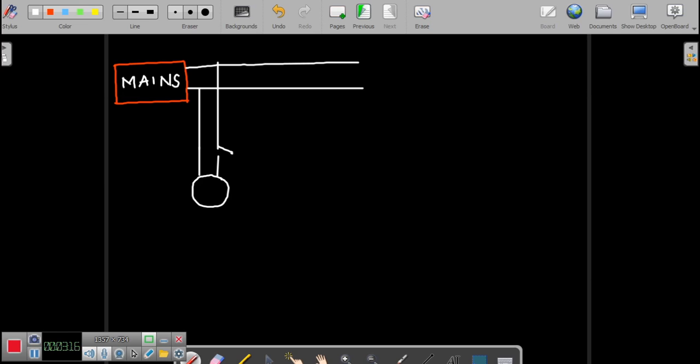Then further here I have something like this. I have got one more switch here. Then it would go this way. I've got one more switch here.